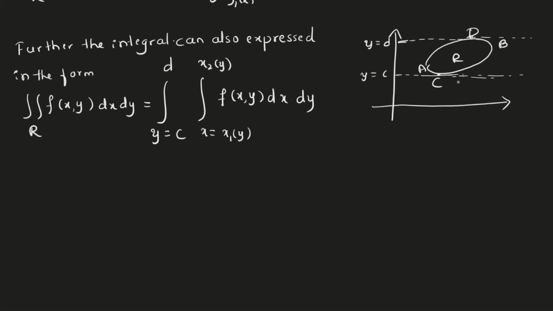I will mark it here: the left part is x1 of y and the right part is x2 of y. Understood? And y varies from c to d.